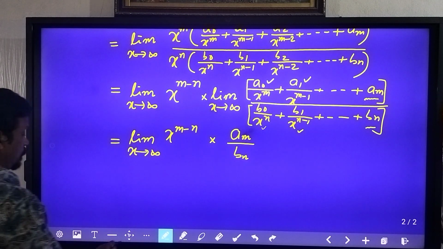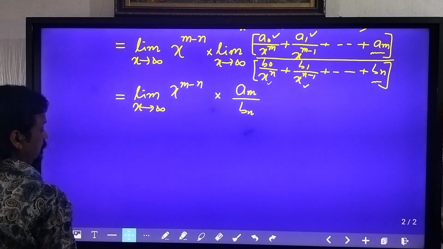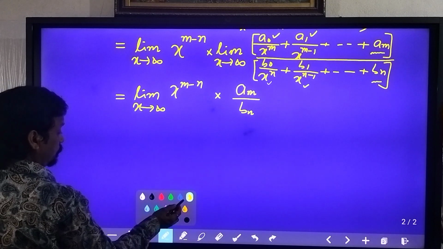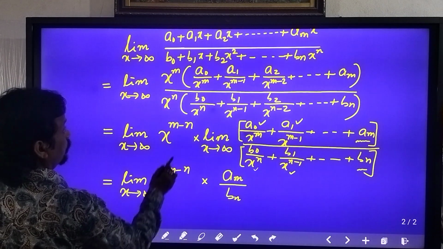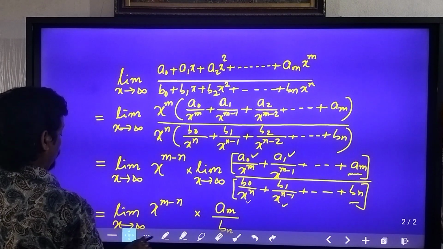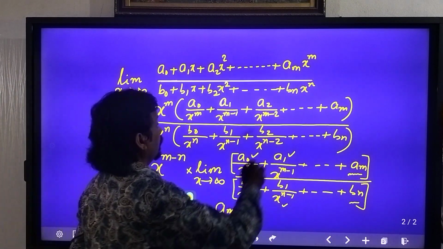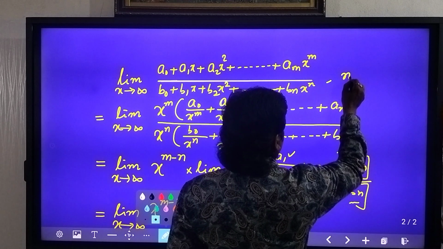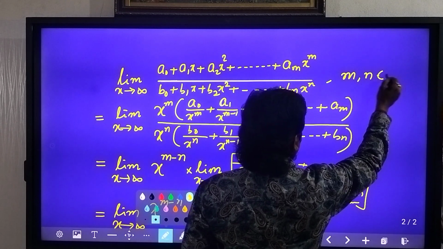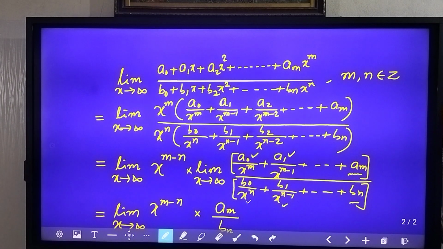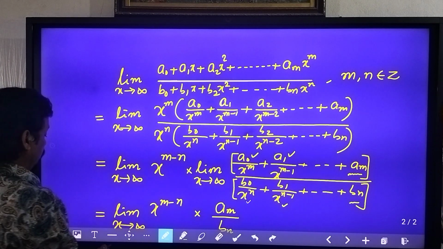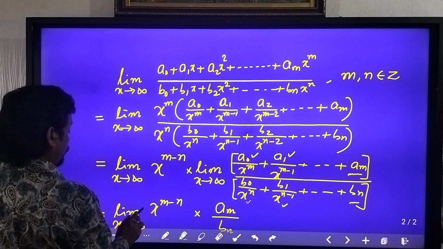Now here there will be three cases, because here m and n belong to Z. Both are integers. Okay, so let us see.